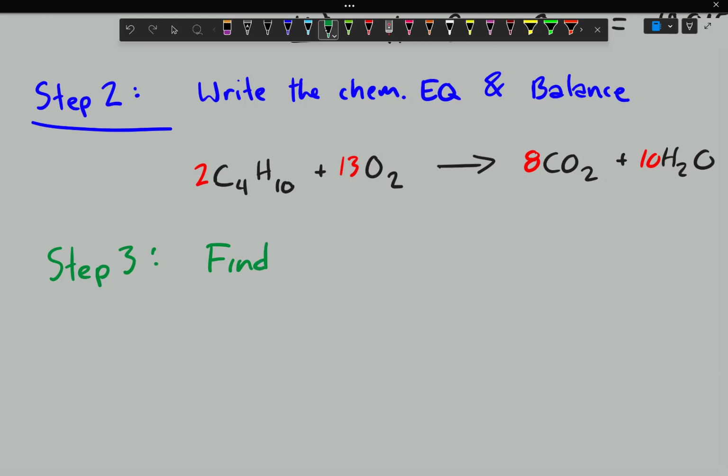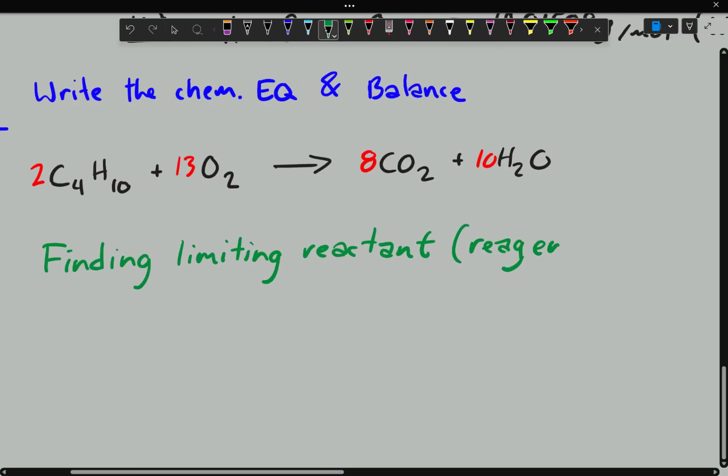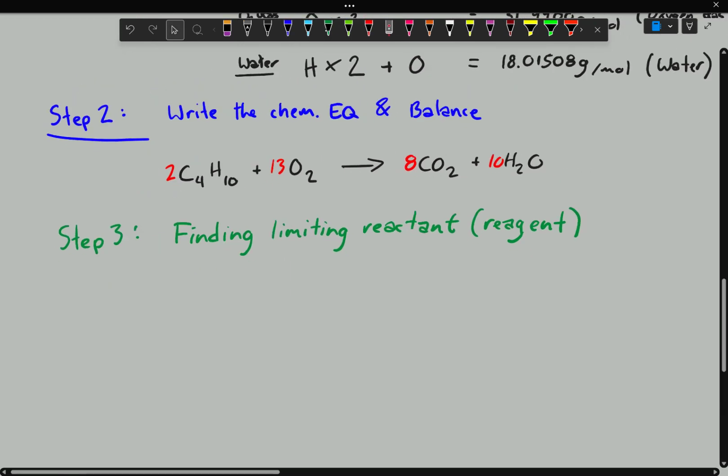Step 3 is going to be finding the limiting reactant or reagent. It'll commonly be called reagent on exams.